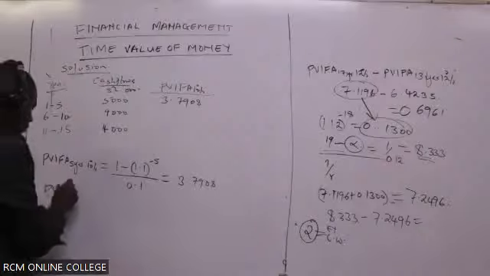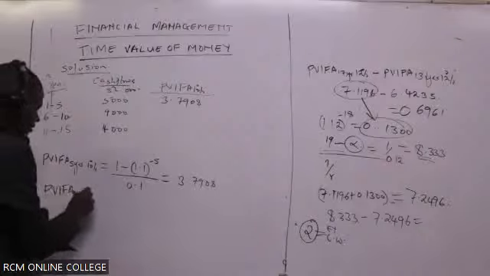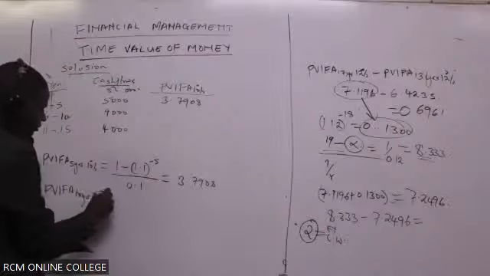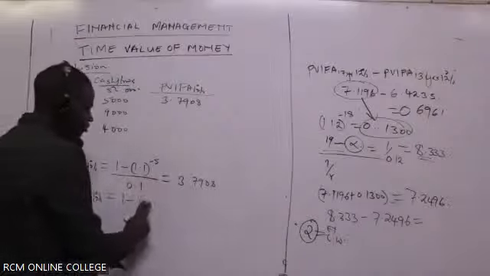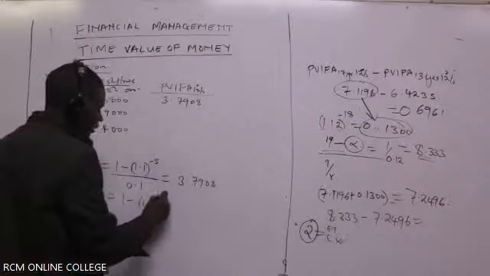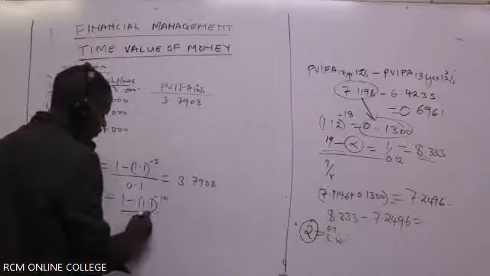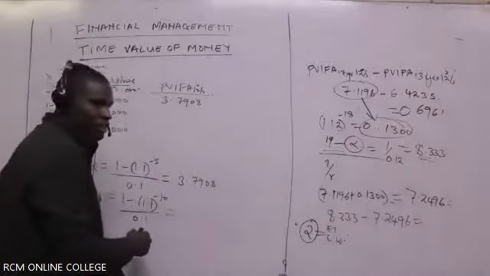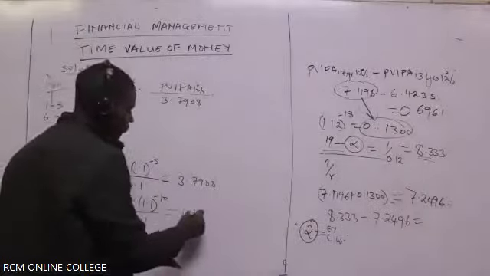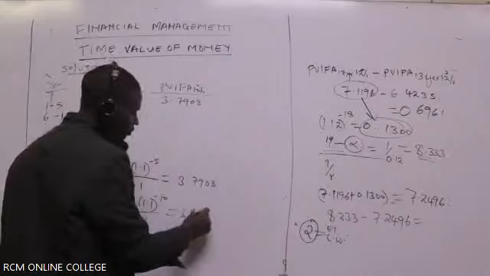PVFA 10 years, 10%. That will be 1 minus 1.1 to the power negative 10, divided by 0.1. You get 6.1446.